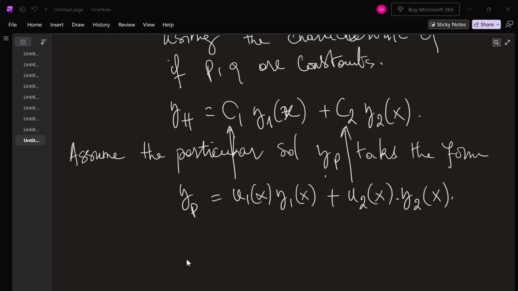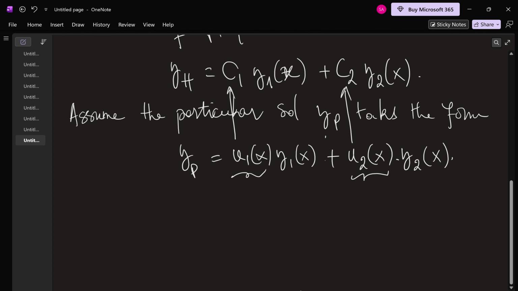So now to find this particular solution, we need two conditions, because since we have two unknowns, which are the functions u1 and u2, we need a system of two equations.